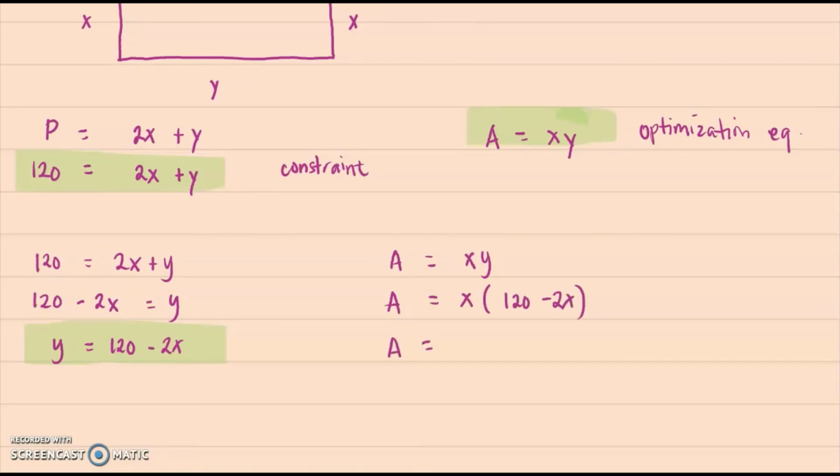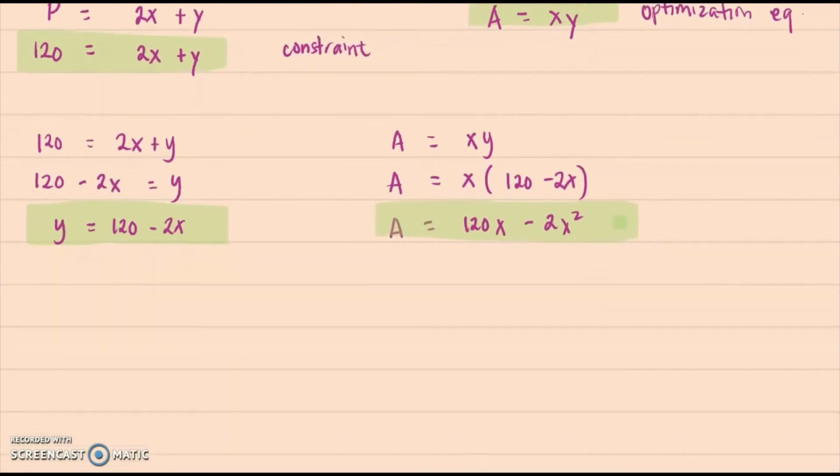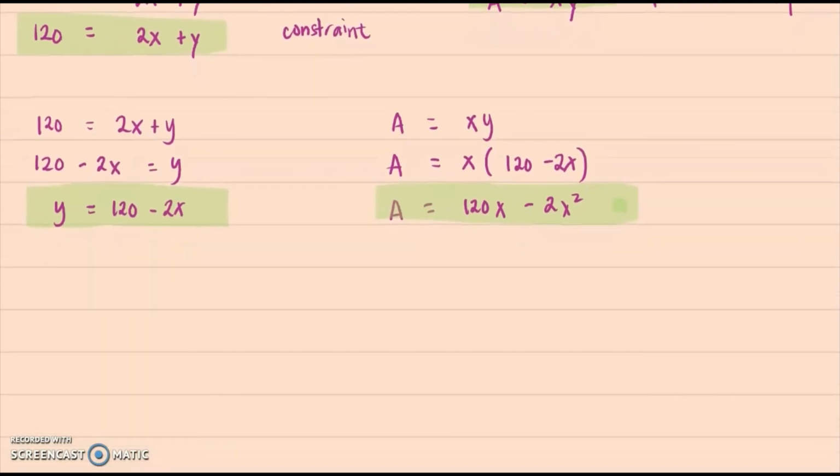So A is equal to 120x minus 2x squared. Let's highlight. If you are confused with the steps, you may go back to the first example, because I have written there the step-by-step procedure and how to answer this kind of problem.